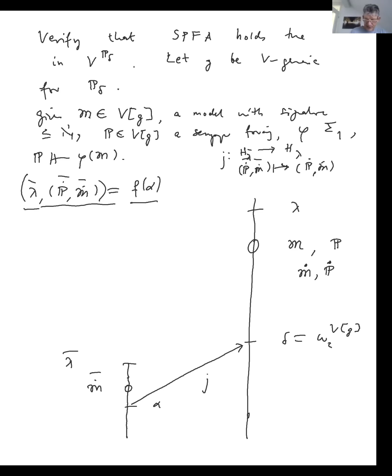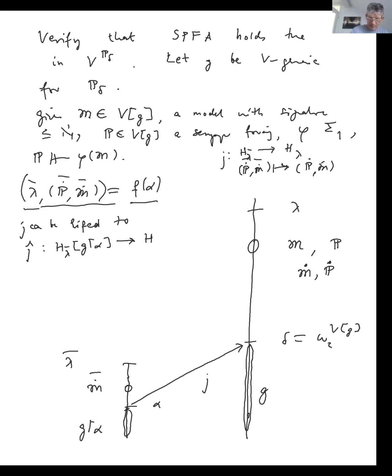Okay, so this gives an elementary embedding from H lambda bar to H lambda, but it can be extended. We have the generic G. So down here we have the generic G restricted to alpha. So this J can be lifted to an elementary embedding J hat from H lambda bar adjoin G restricted to alpha to H lambda of V[G], so that's a rank initial segment of the forcing extension.